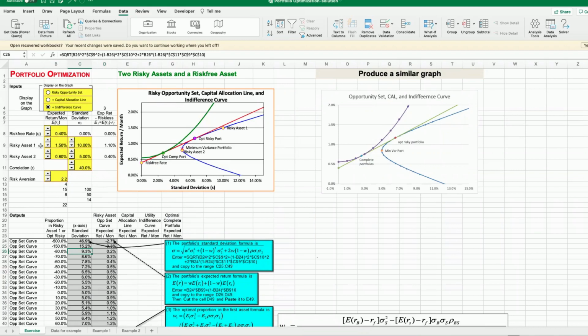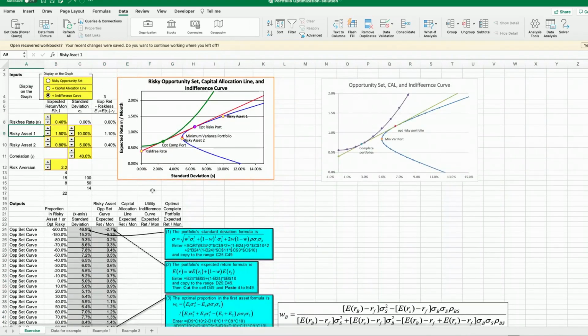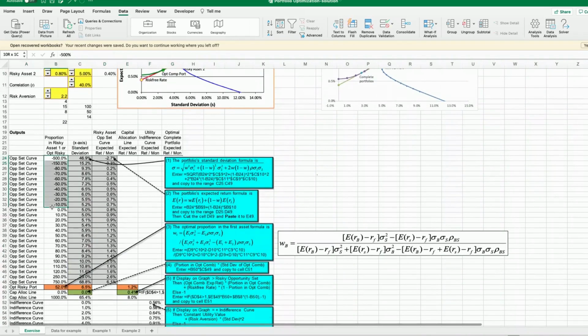Once we have these 2 assets, the mean and the variance will define the risky asset, and we want to calculate the efficient portfolios by changing the weights here, since there are only 2.